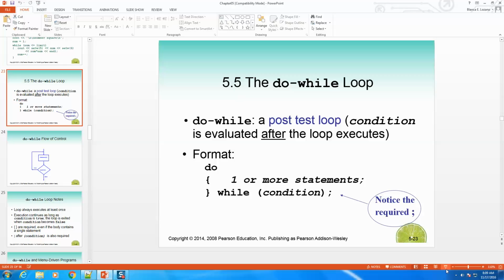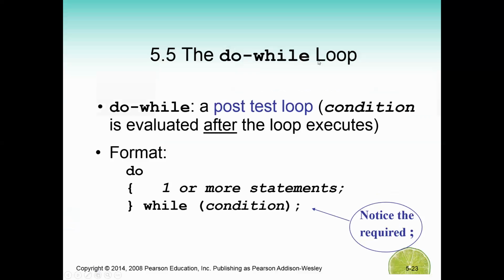We're going to continue with chapter 5. We work with the while loop, and we talk about how it's a pretest loop, which means we're going to be testing the condition first, and then based on that result, either the computer is going to execute the loop or it is going to exit.